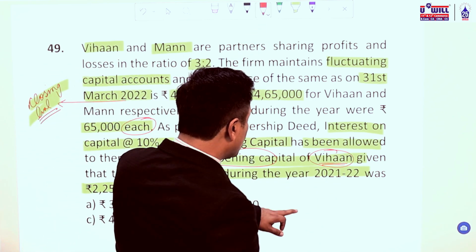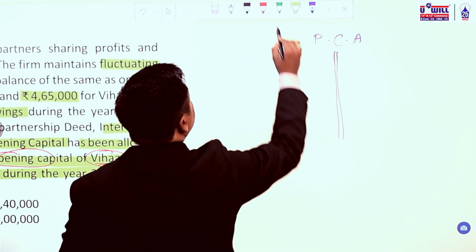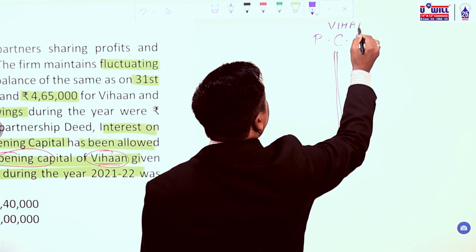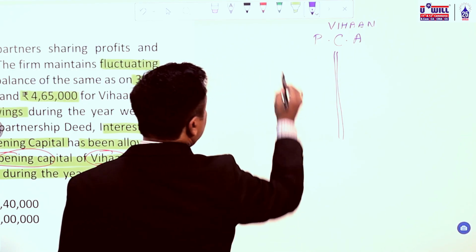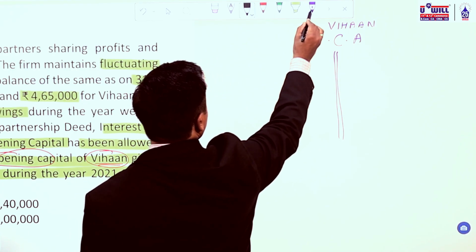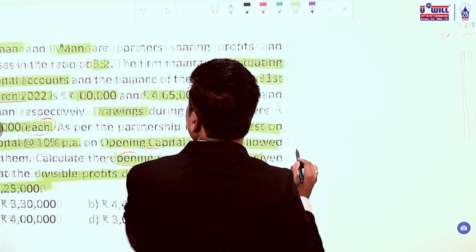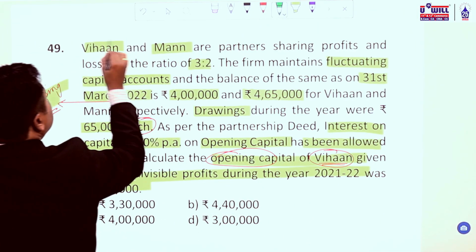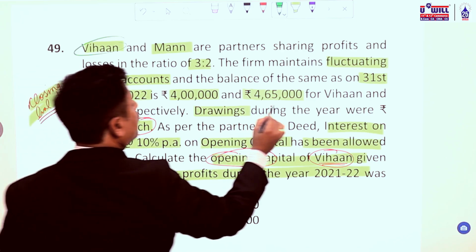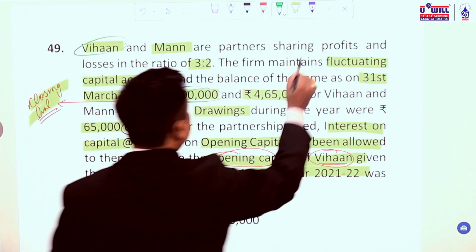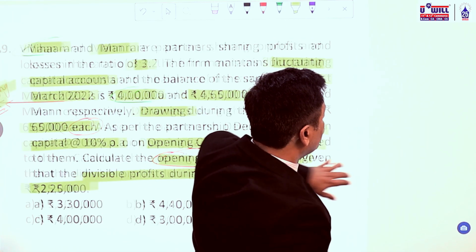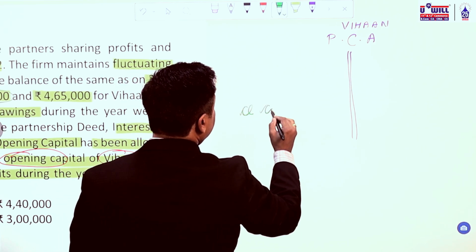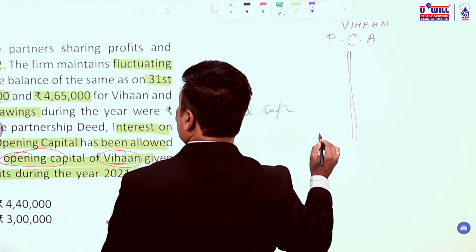So we are making the partners capital account only for Vihan. What is Vihan's closing balance of capital? 4 lakhs. So that will come on the debit side.